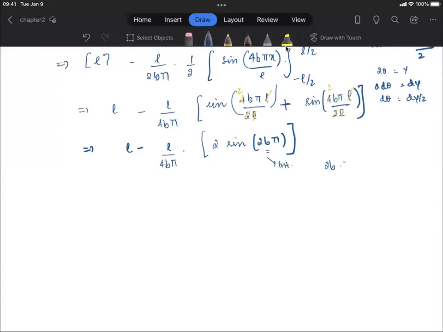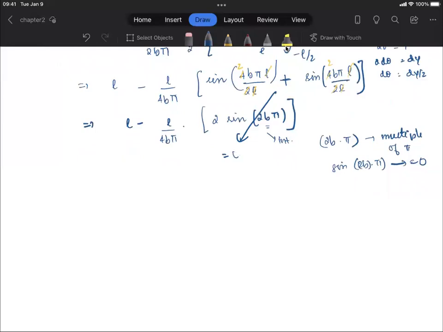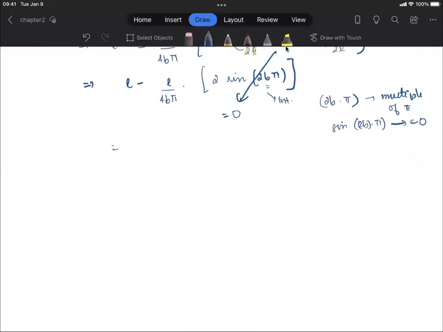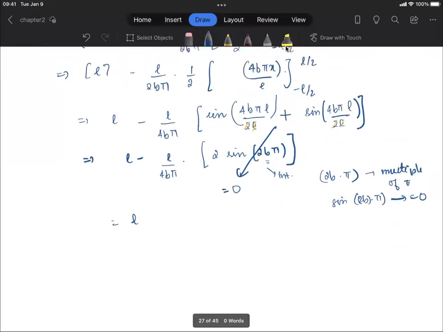So 2b times pi is going to be an integer multiple of pi, right? So sine of an integer multiple of pi is always going to be 0. So this entire term is going to be 0. So this will just be equal to L, right?